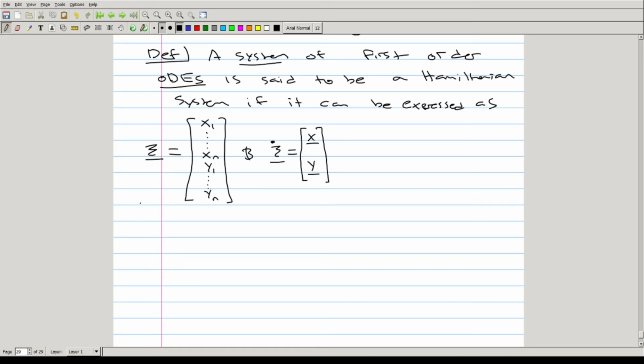Right? Xi is in 2n dimensional space, which we saw before. The phase space of a given system like this has 2 times the number of variables in this first vector x.